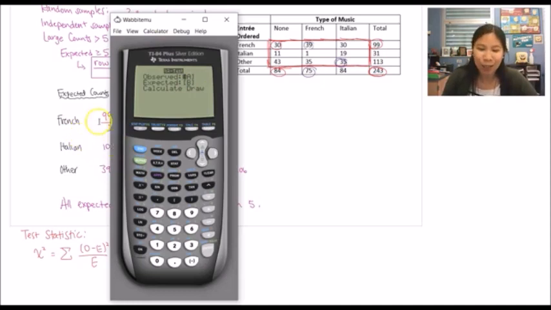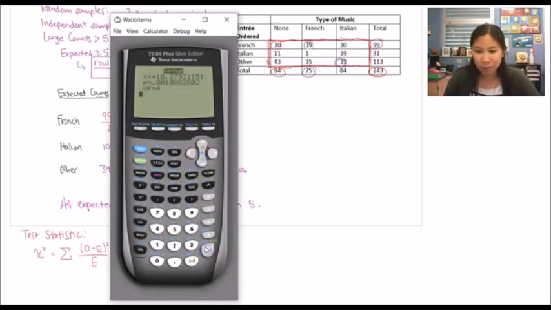That's the nice part. This whole part where I showed you how to calculate expected counts, that is something that you need to know the formula for, but you don't actually have to do it yourself because your calculator will do it for you. So I'm just going to leave that matrix blank. You don't even have to touch matrix B at all. You really just need to put your data into matrix A, and then you're done.